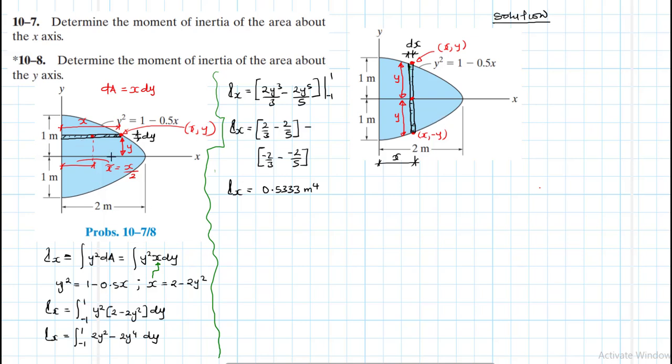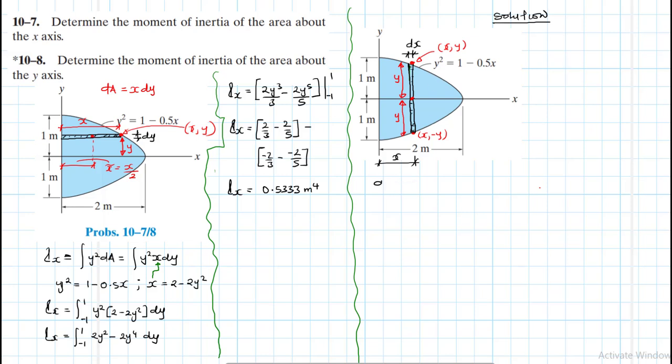If you look at the first problem, the moment of inertia about the x-axis was about the centroidal axis. So this time around we are finding the moment of inertia about the y-axis. The y-axis in this case is not a centroidal axis.